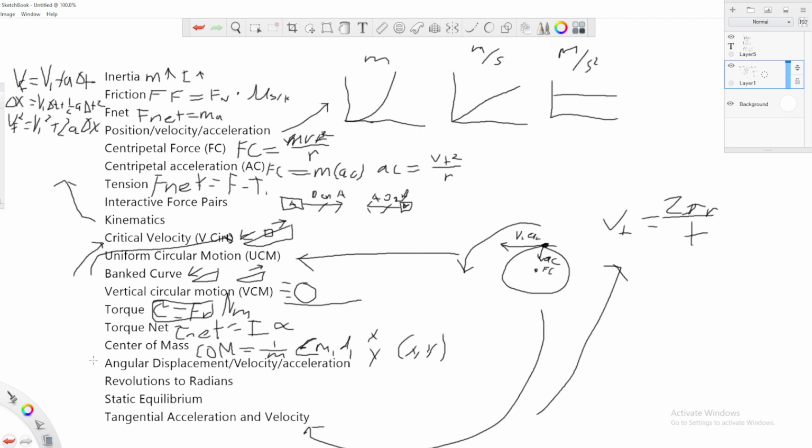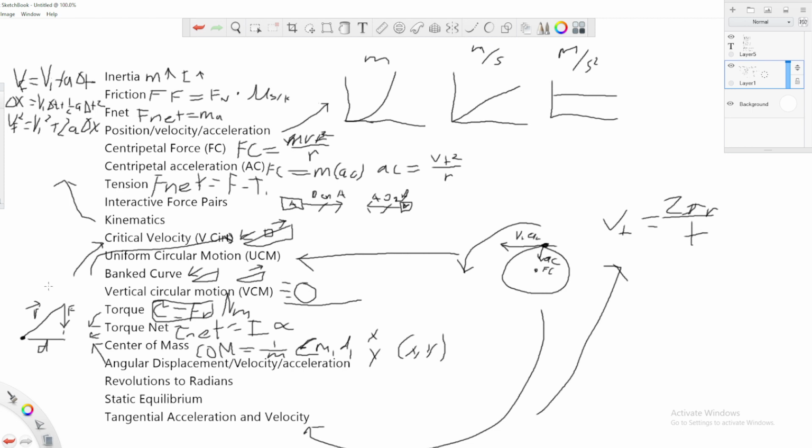Angular displacement, velocity. I'm going to take these three and do a little example over here. So let's say you got your hinge, then you get your radial arm. You got your force. For torque, you can bring your force all the way down, and you can multiply by that distance to the center.